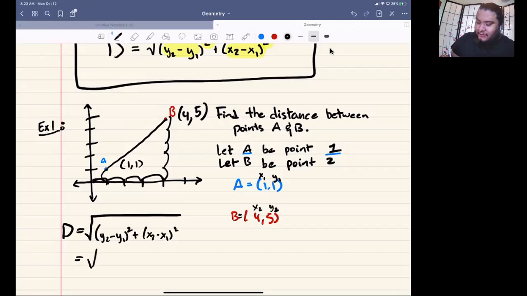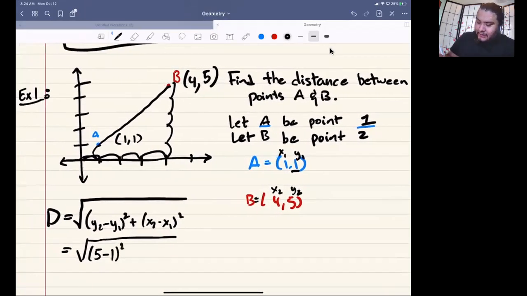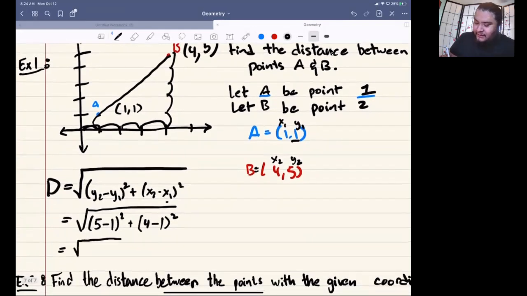Now let's plug in our values. y2 is 5, and y1 is 1, so 5 minus 1 squared, plus x2, which is 4, minus x1, which is 1, squared. You're going to keep following this formula. So 5 minus 1 is 4. We're going to get 4 squared plus 3 squared.